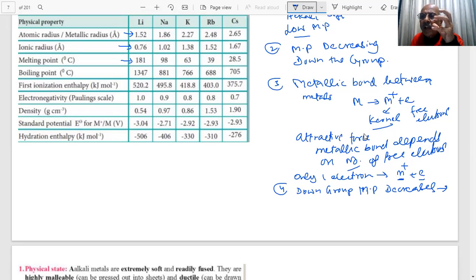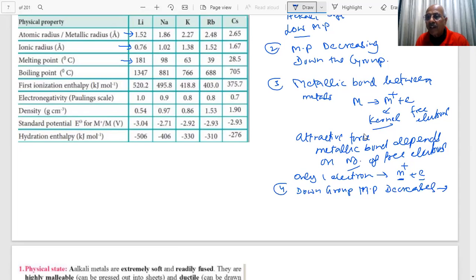When the size becomes more, the attractive force between the kernel and the electron is less. The smaller the ion, the stronger the charge on it. The charge is higher, the attractive force is stronger. The metallic bond becomes stronger when they are smaller in size. So as the size becomes more and more, the metallic bond becomes weak.